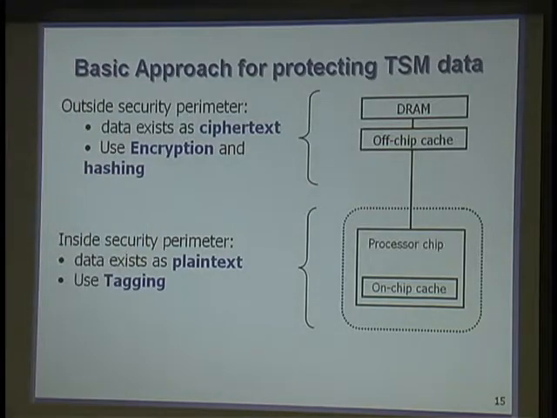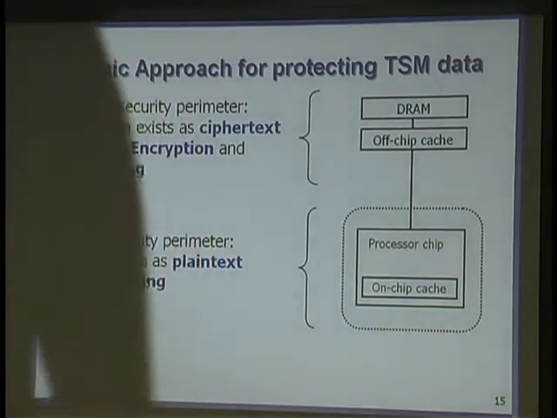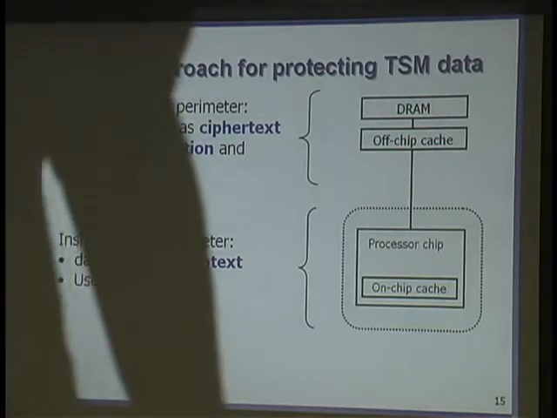But inside the security perimeter, we can allow it to exist as plain text, but we tag it so that we know this data, when it goes out, has to be encrypted and hashed.